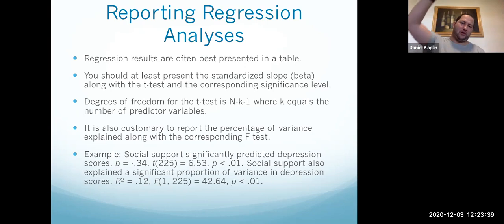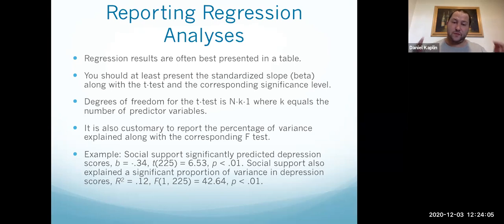So as one factor increases, the other factor decreases. So increased social support resulted in or predicted lower depression, with a t-score value with 225 degrees of freedom equal to 6.53 and a p-value less than 0.01.